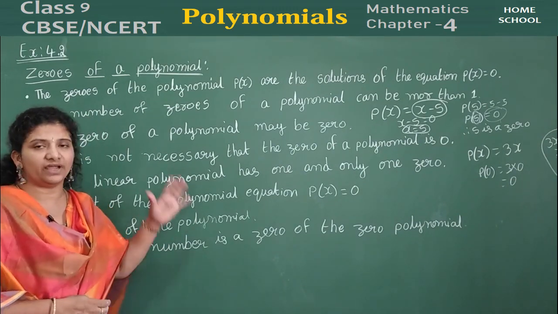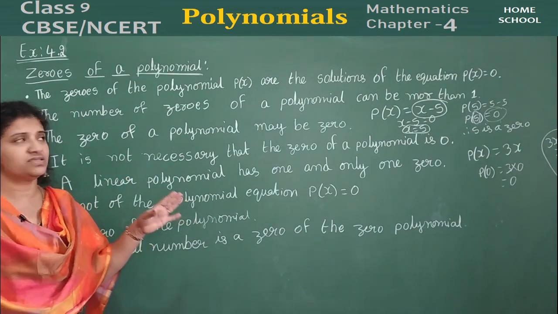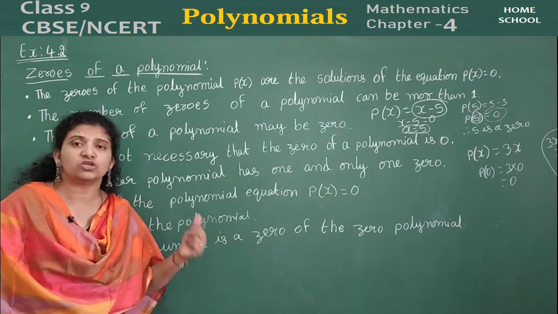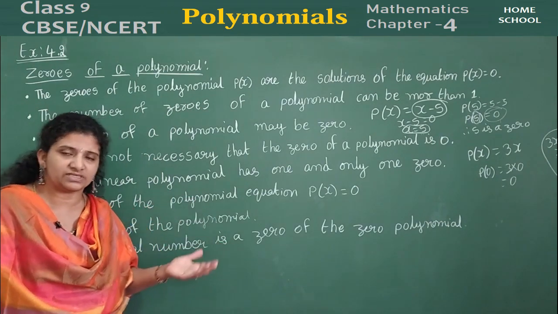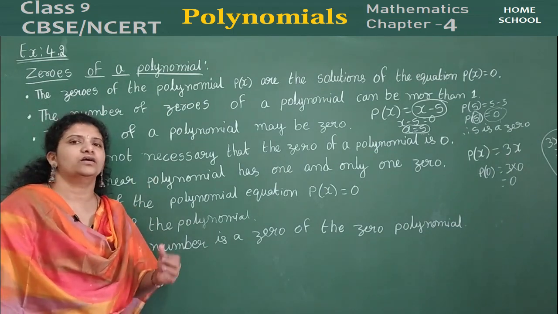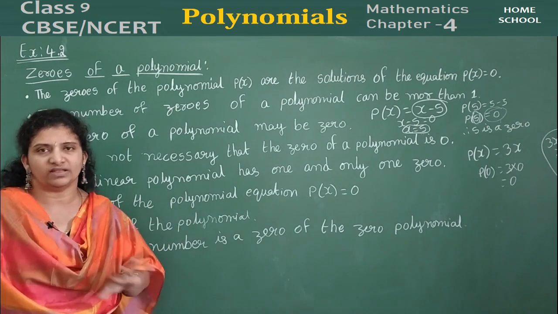So now try to understand all these points, children. What is there in this? The zeros of a polynomial are nothing but the solutions of the equation p of x equal to 0. And one more point says that a linear polynomial won't have more than one 0.